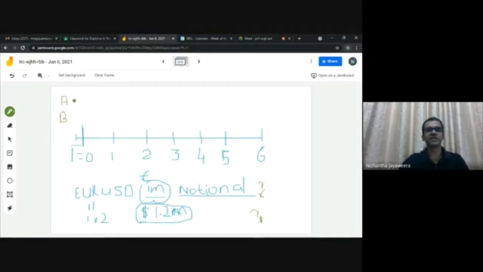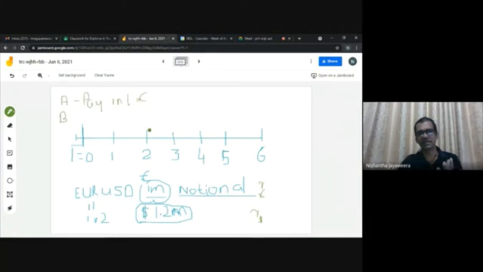So say party A wants to pay interest on euro. That means party A acts as a borrower in euro. That's why that party pays interest in euro.